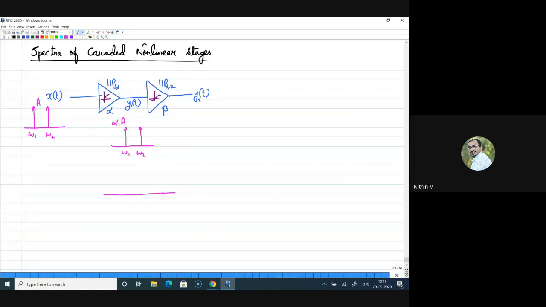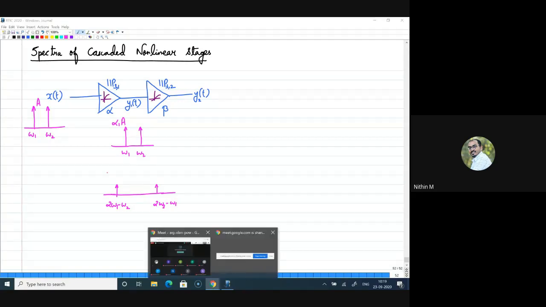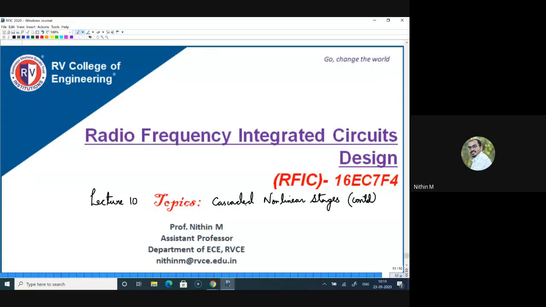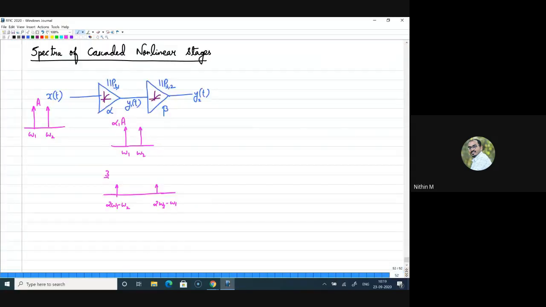We'll consider the components very near omega 1, one on this side and one on the other side, at frequencies 2 omega 1 minus omega 2 and 2 omega 2 minus omega 1. For the amplitude, you can refer back to the table we wrote in our first class. It will be 3 by 4 alpha 3 into A cube.